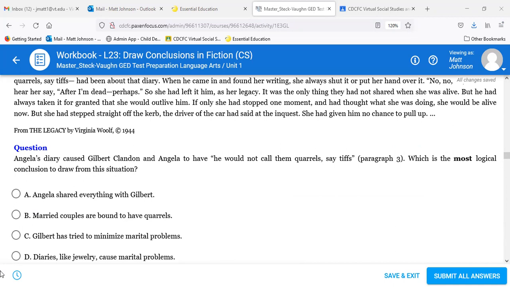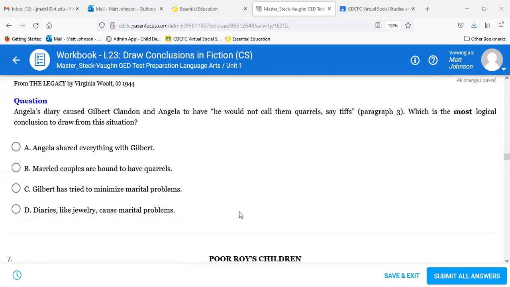And Angela has it that he would not call them quarrels, says paragraph 3, which is the most logical conclusion to draw from this situation. A, Angela shared everything with Gilbert. B, married couples are born to have quarrels. C, Gilbert has tried to minimize marital problems. D, diaries like Joe cause marital problems.